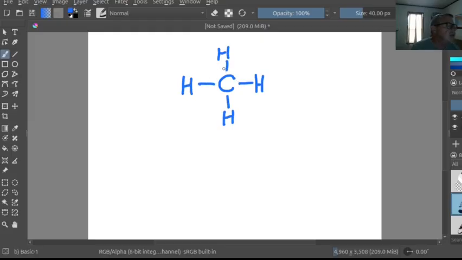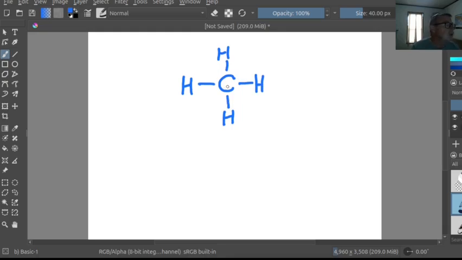I think it's actually 109.5, but that's close enough. And because the electronegativity of hydrogen and carbon are not that different, it all forms this nice, neat little tent type formation.